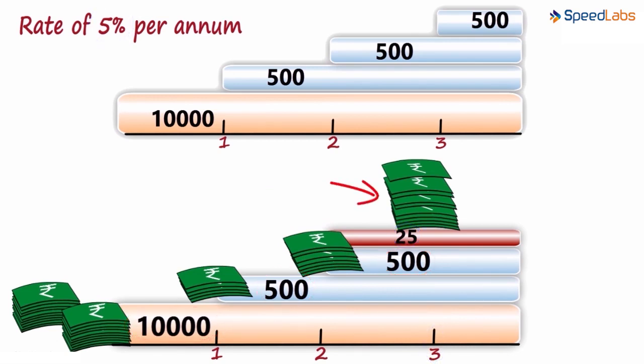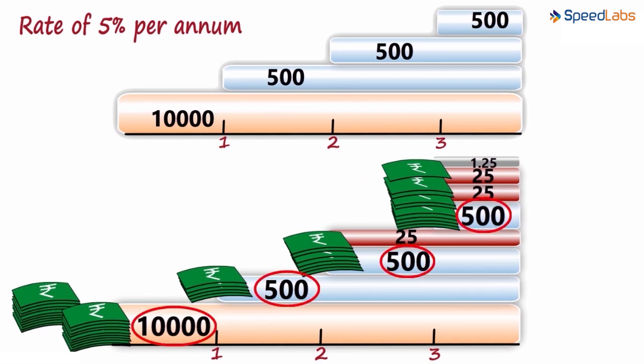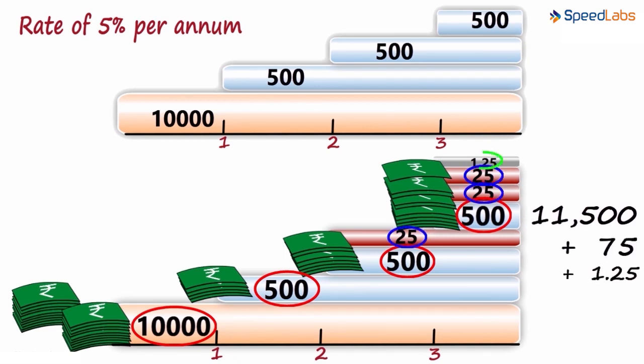This entire amount rests in the bank until we withdraw it. So what will be the total amount we get at the end of 3 years? These four together equal 11,500 plus 75 plus 1.25. 11,576 rupees and 25 paise.